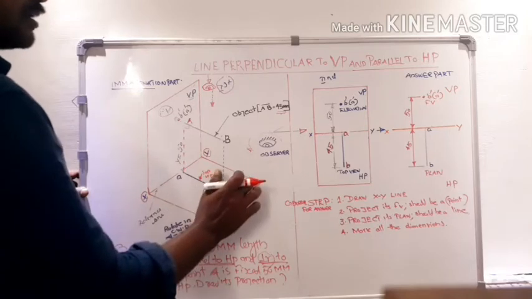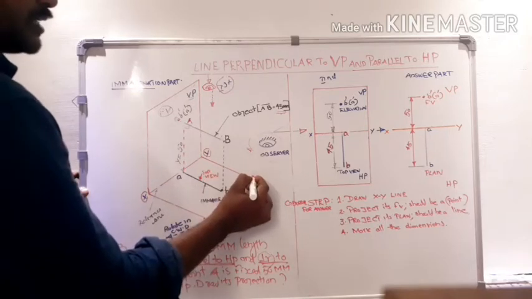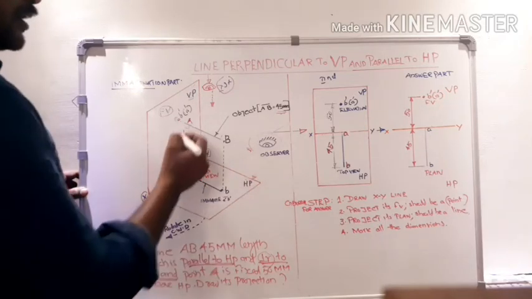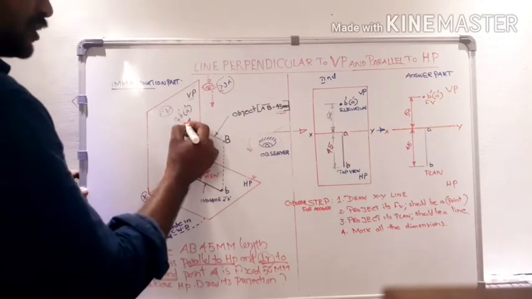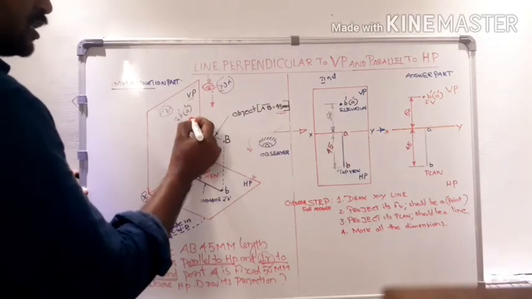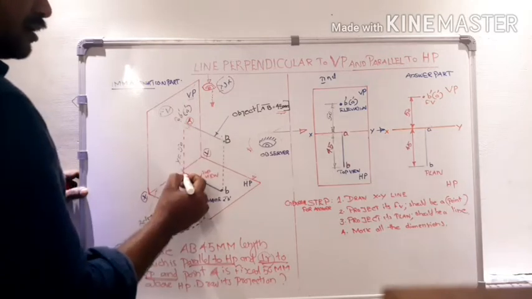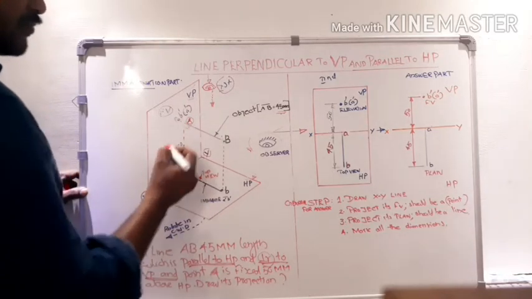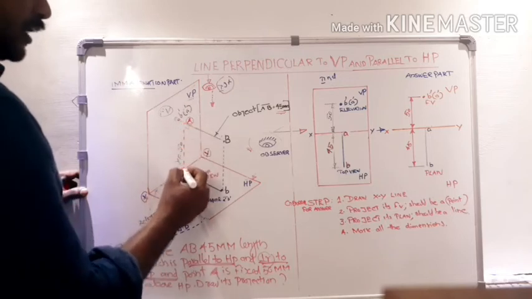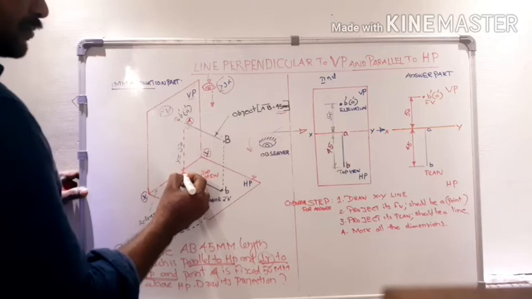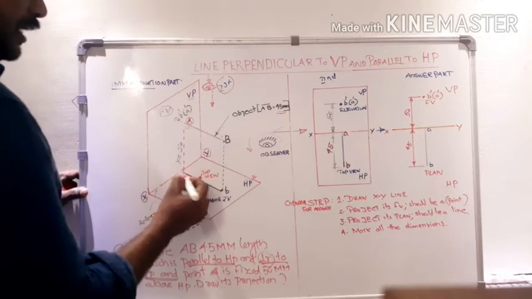One of the corresponding planes is HP. Now we have to project each point's image on its reference plane. First you have to project point A. Now put a point here, that is called a.